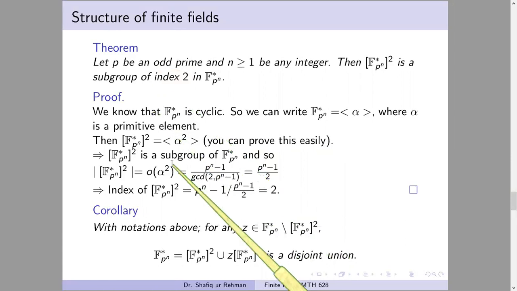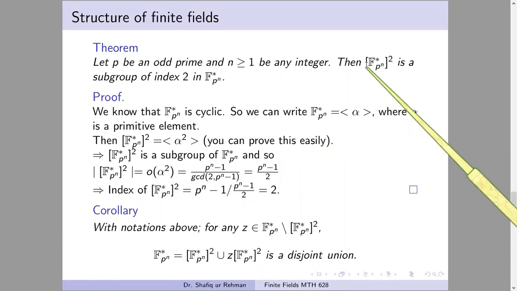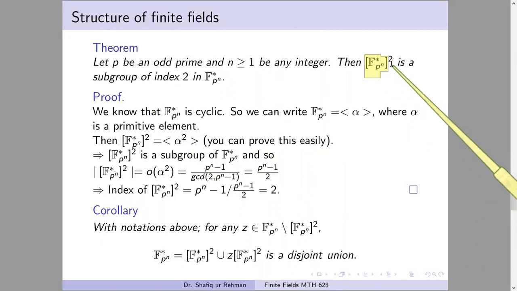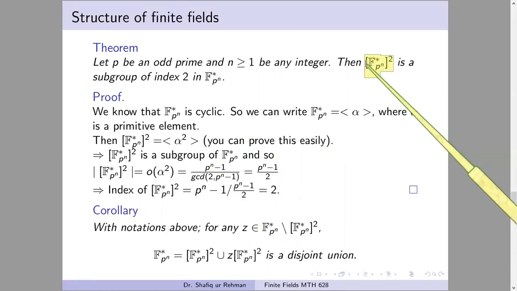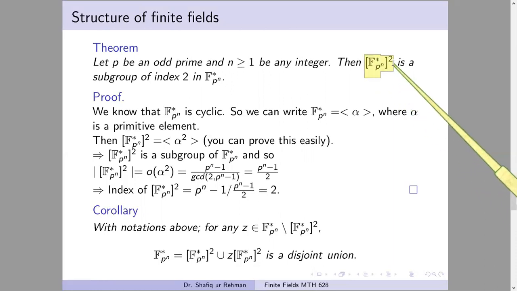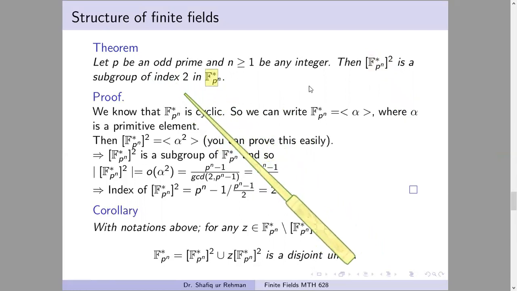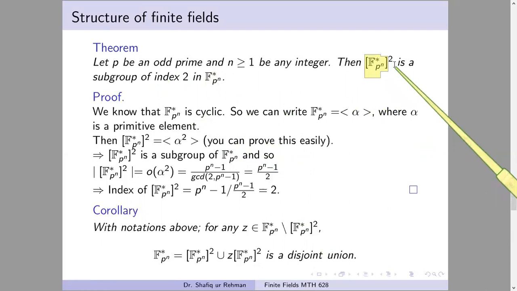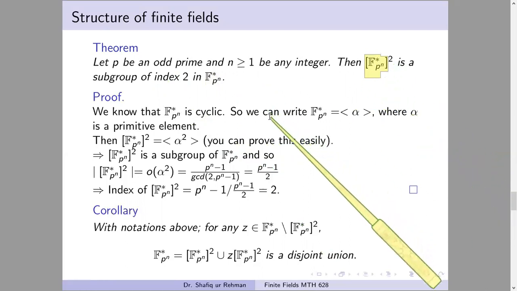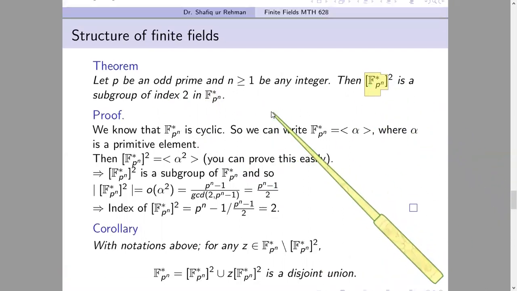So in this theorem we will prove that the squared elements, आपको ये बात याद रखनी चाहिए कि इस सेट में वही एलिमेंट आते हैं जिनका स्क्वायर रूट एग्जिस्ट करता है, बाकियों का बाकी सेट में नहीं आते. तो this squared elements set becomes a subgroup of this, and of index 2 means it has two cosets. अब हम इसको प्रूफ करते हैं.